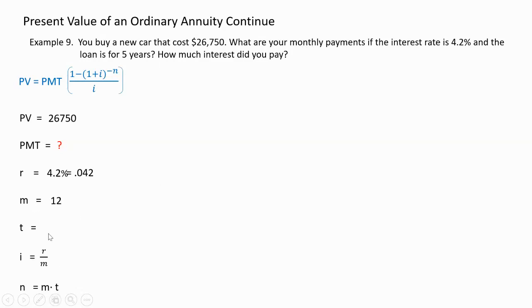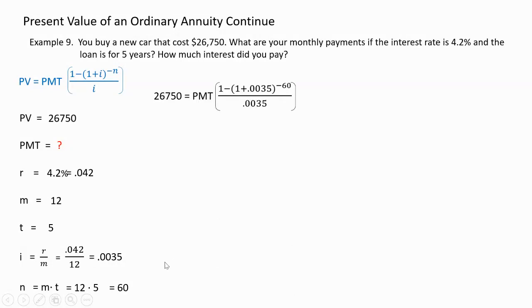The time is 5 years. The I is R divided by M, which is 0.042 divided by 12, giving us 0.0035. And the N, the number of payments, is M times T, which is 12 times 5, giving us 60. Now we're going to plug everything into the formula.